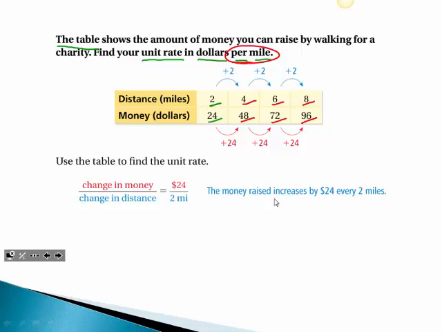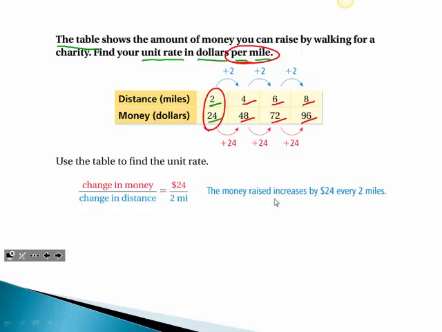All right? Now, some of you might even be able to figure that out by looking at here. If you get $24 for 2 miles, then how much do you get for 1 mile? So there are many different ways to do this, but it's going to help you in the future a lot, like in the near future, if you get used to looking at the pattern.